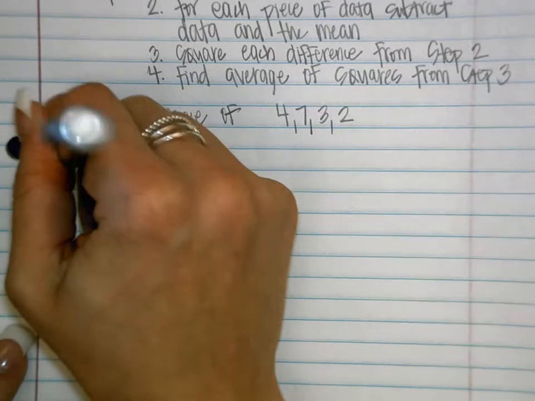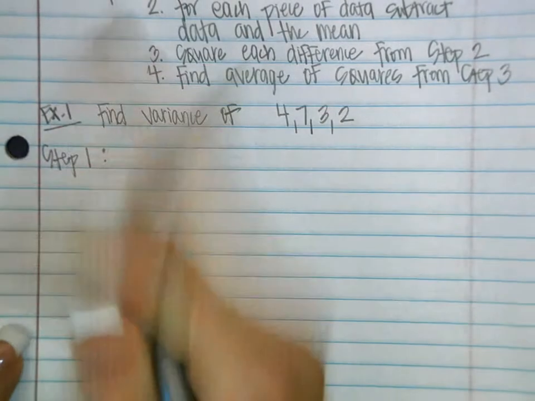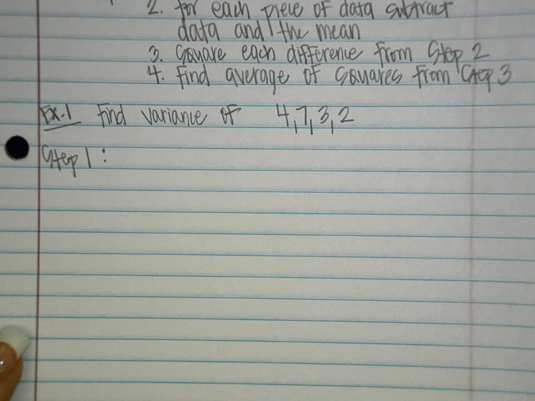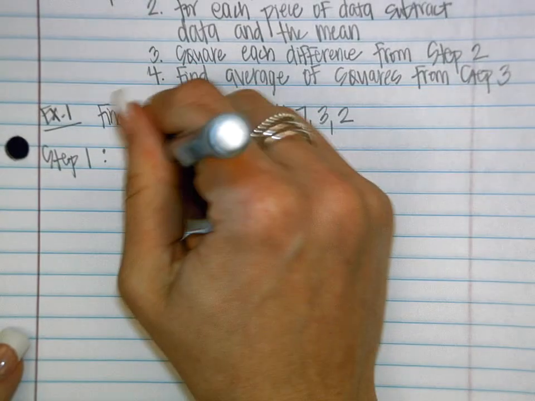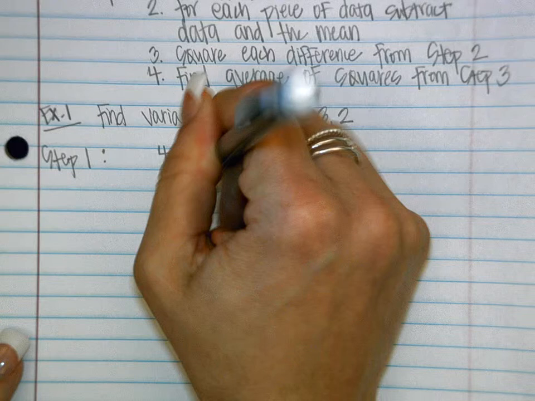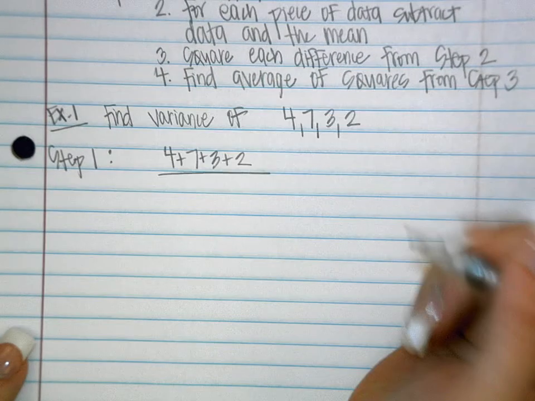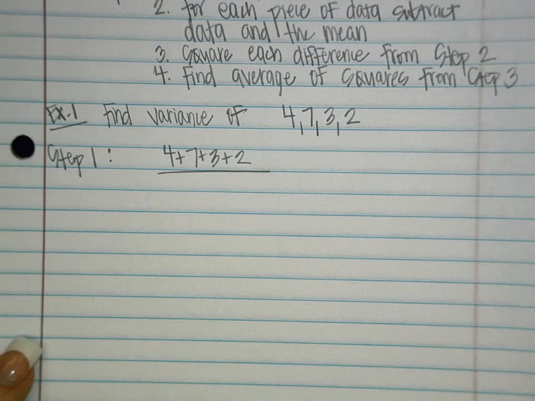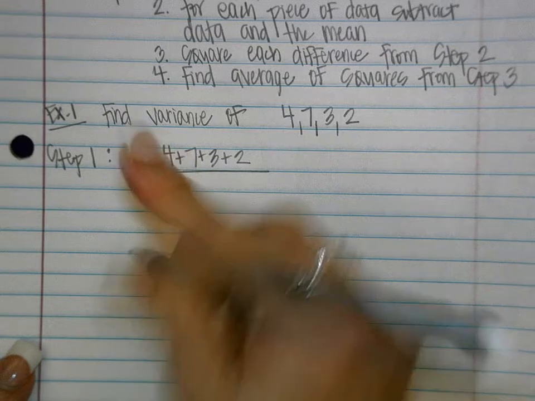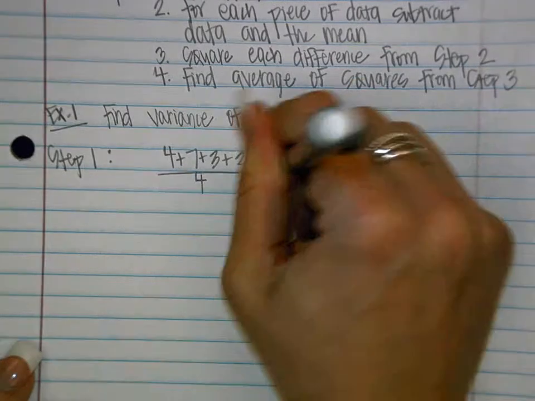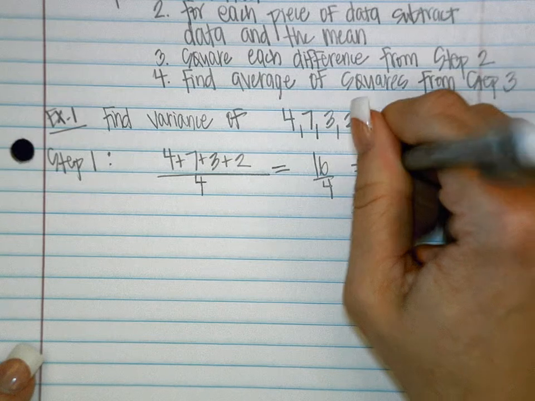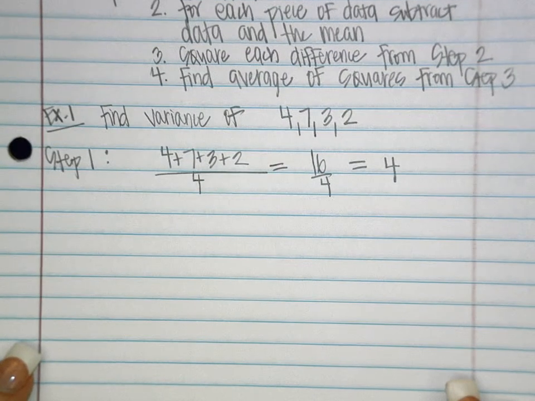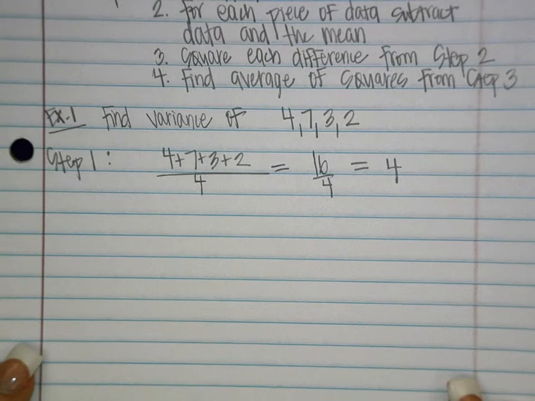You don't have to label the steps, but I'm just going to label them for these couple examples. So step 1 is to find the average, or find the mean. So you add them all up, 4, 7, 3, and 2, and divide by however many things you added. So how many am I dividing by? 4. That's going to give you 16 over 4. So the mean of this data is equal to 4.